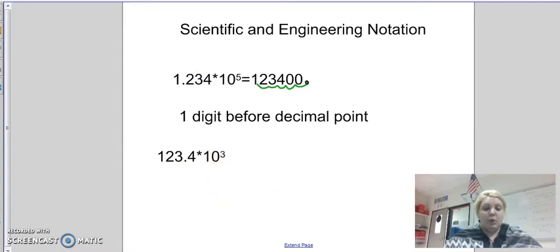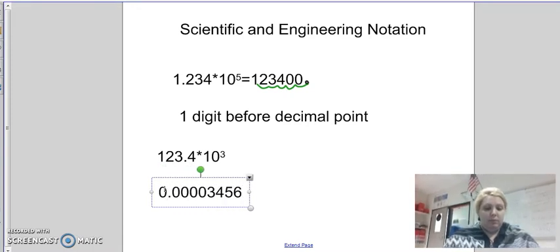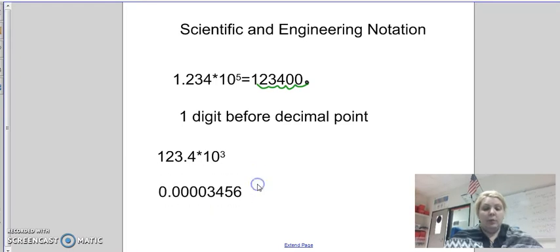Okay. So what if I have a small number? How do I put that into scientific notation? Well, let's have an example. Here's a nice number, and I want to put this in scientific notation. So I'm going to grab my decimal point, and I'm going to move it until I have one digit before the decimal point. 1, 2, 3, 4, 5.